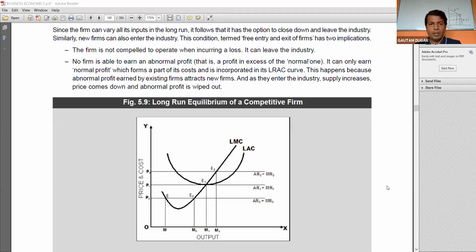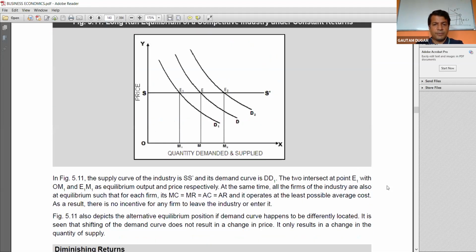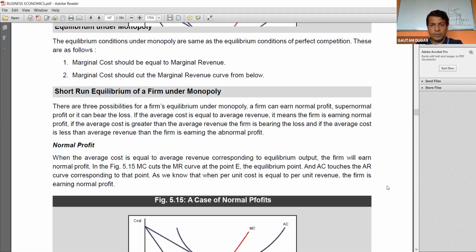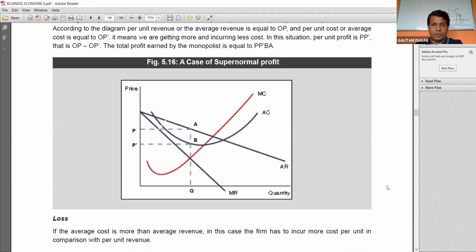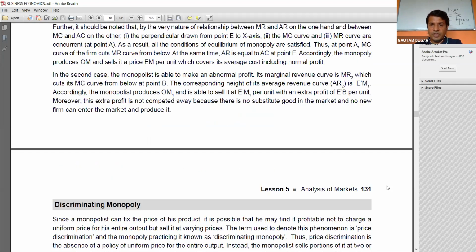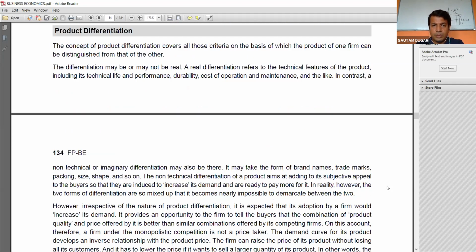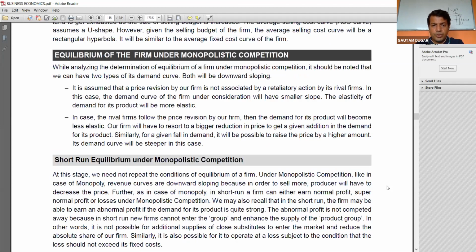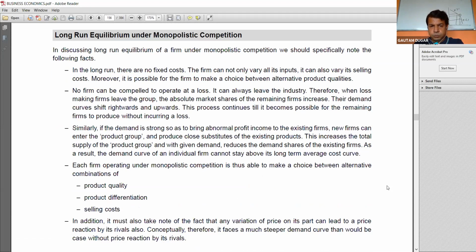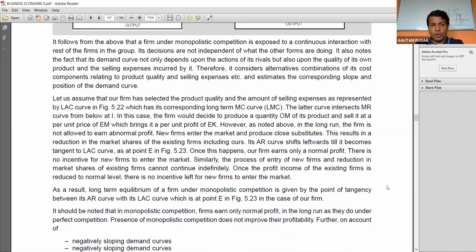So coming to the study material, we discussed perfect competition, monopoly, price discrimination, short-run and long-run equilibrium, and oligopoly.